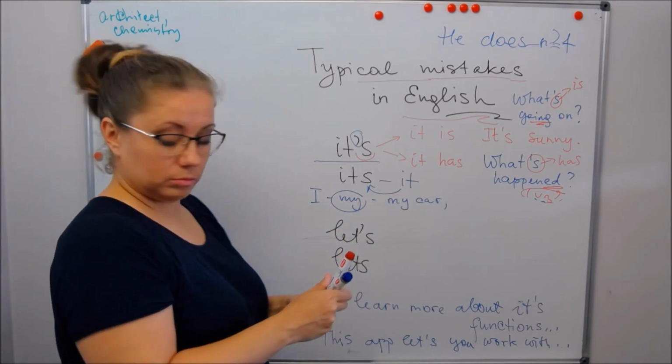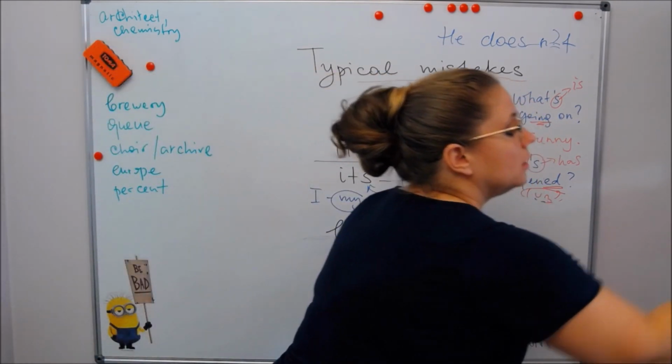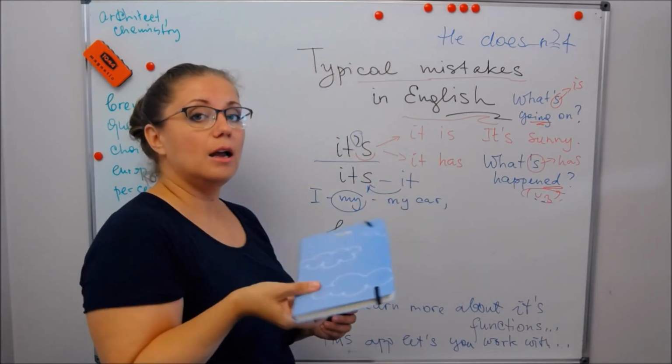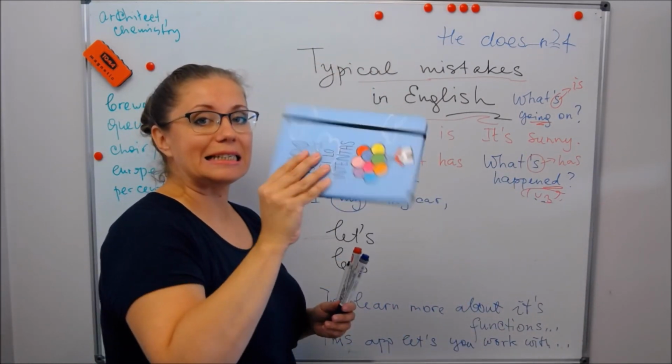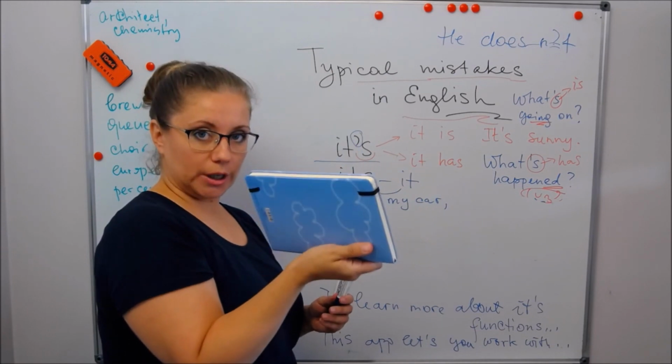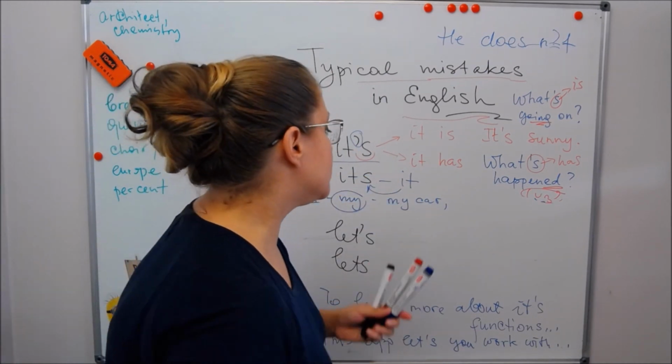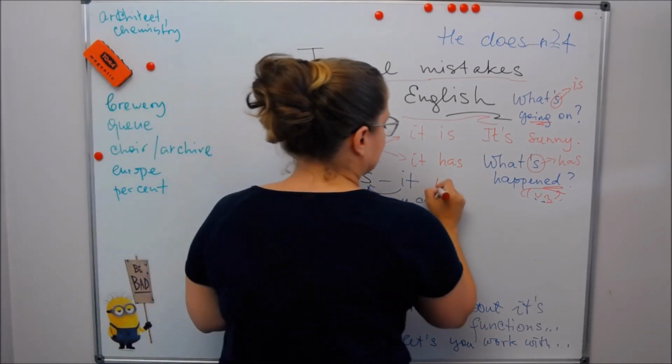For example, look at this book. What is its color? Book, it is it. So what is its color.